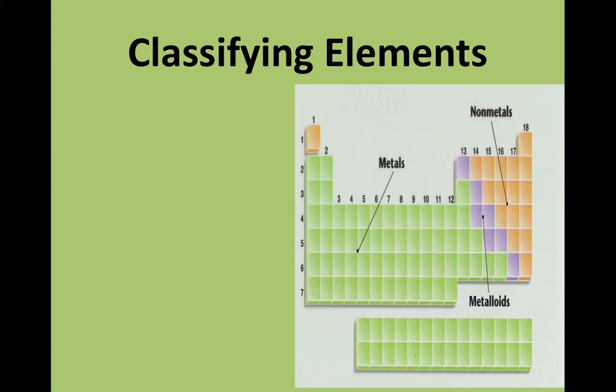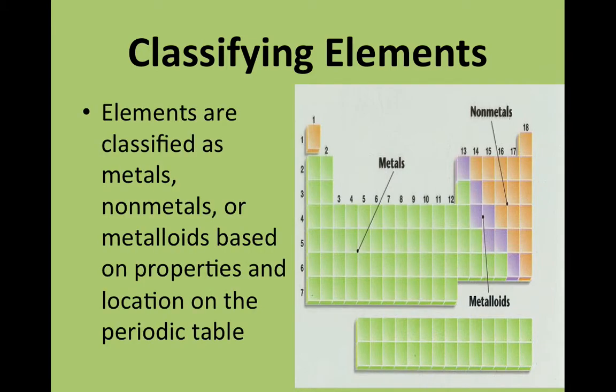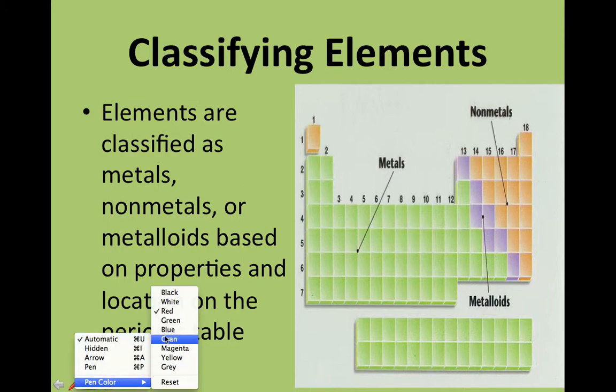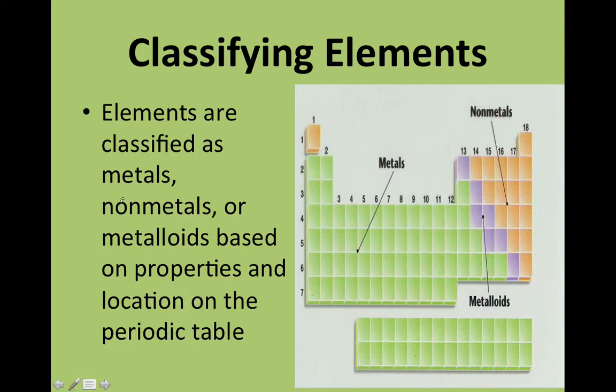So let's go ahead and get the notes. Now, basically we have 3 different classifications of elements on here. One of them is metals. Let's make this in blue. The majority of the elements are metals. Look at that, you can see in the green over here, the majority of the elements on the periodic table are metals. Then we have another classification, nonmetals.